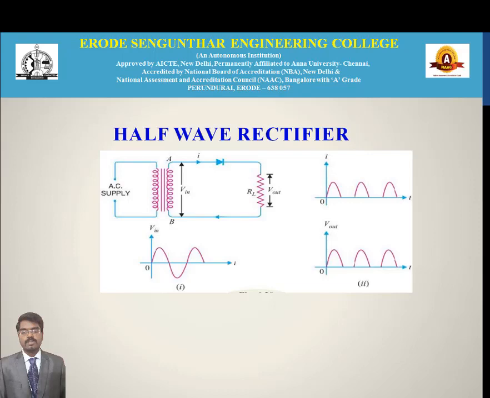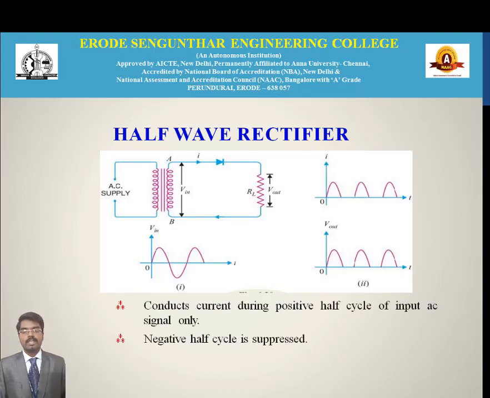On coming to the operation of the half-wave rectifier, the AC supply is given to the primary of the step-down transformer, and the secondary is represented as node A and B. There, the half-wave rectifier circuit is connected using a load resistor. For the positive half cycle, the diode will be in forward bias. So the current conduction will be from node A through the diode, through the load resistor, and ends at node B.